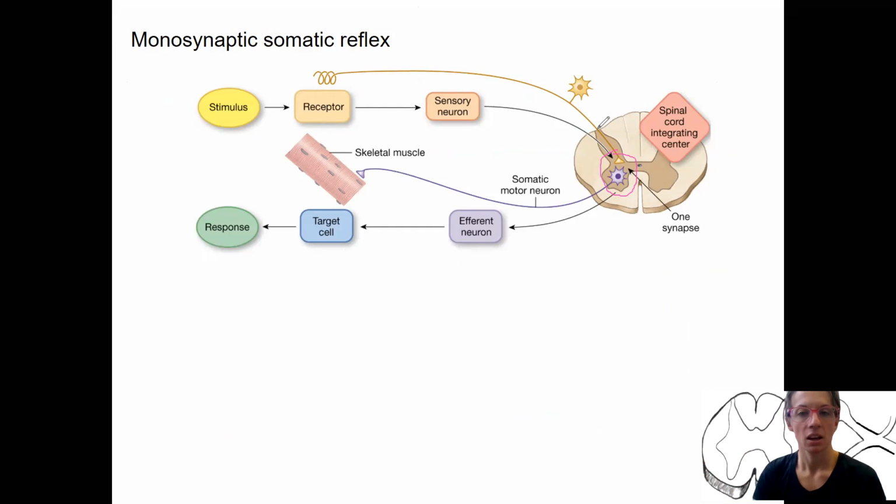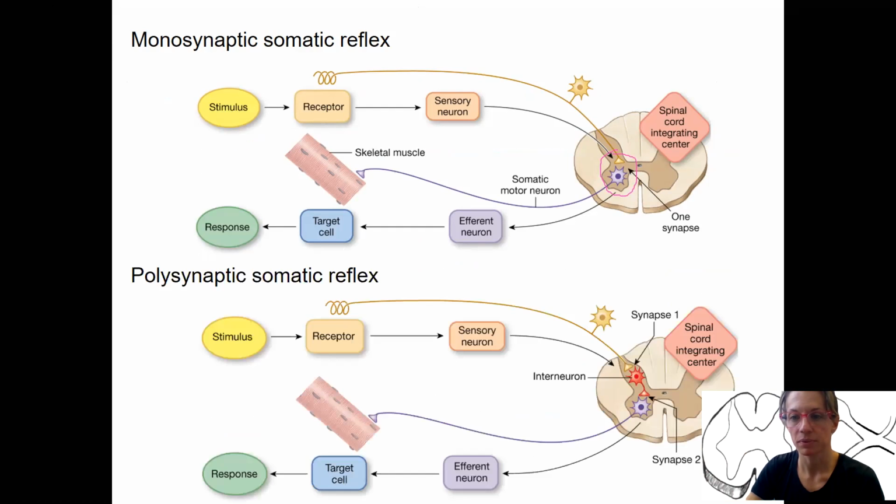There also can be polysynaptic reflexes. That's going to be where there's an interneuron as well, or more than one interneuron. Any number of interneurons, poly is more than one. So that's going to be another way we categorize reflexes.